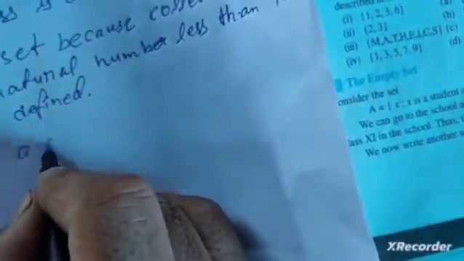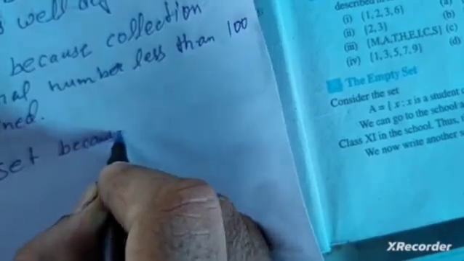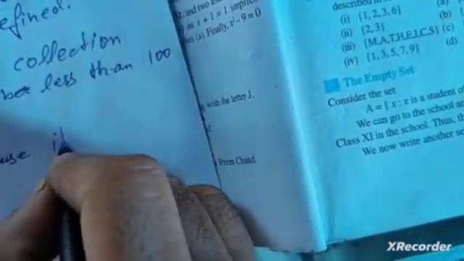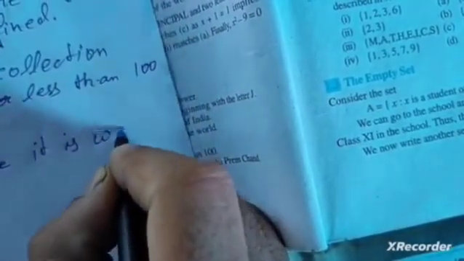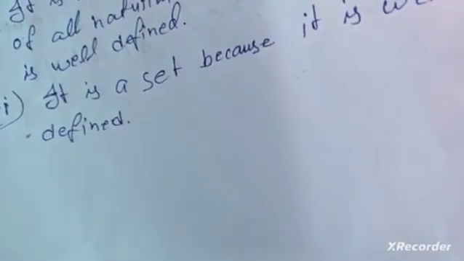It is a set because it is well defined. Well defined means the boundary of that set can be determined.